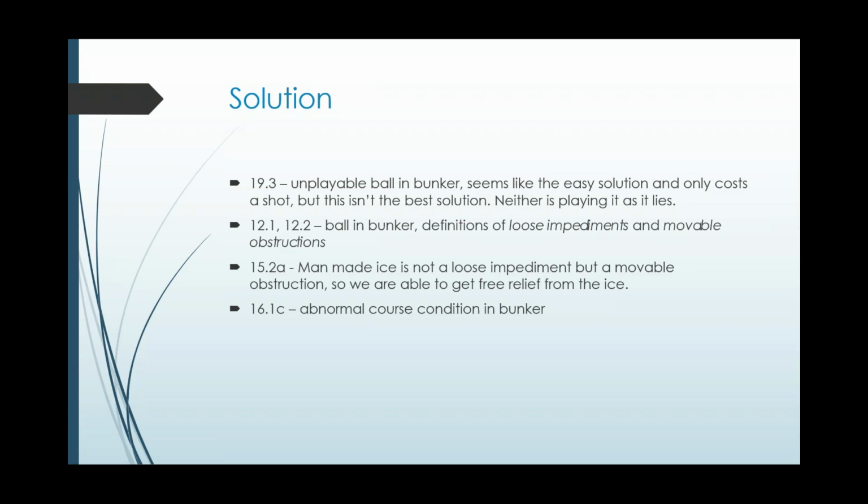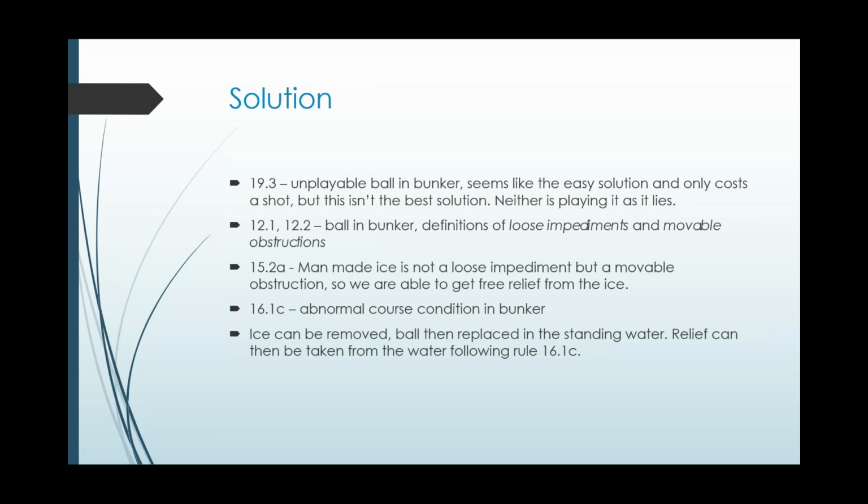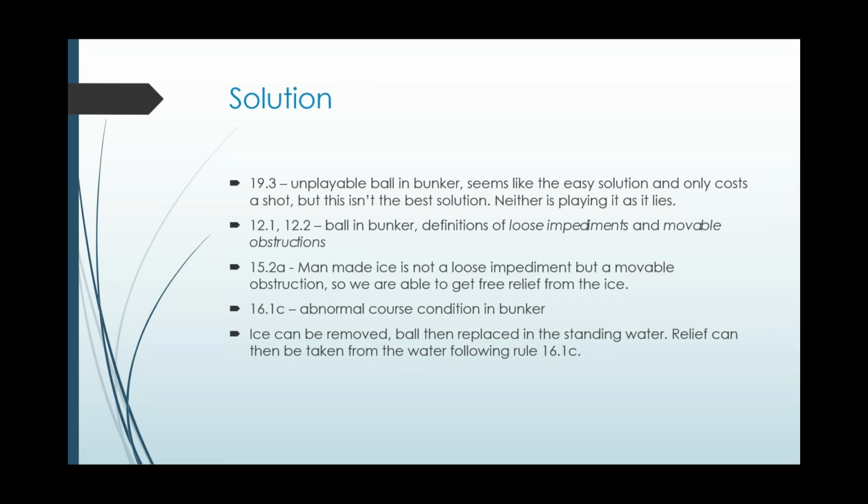So that brings us to rule 16.1c, where we have the abnormal course condition in the bunker, which would be describing standing water. So we know we can take the ball off the ice, which then we'd have to drop inside of the water, inside of the bunker, which we are then allowed to take further relief from. So following rule 16.1c, and if you have the rule book in front of you, you can see good graphics explaining how to then drop the ball inside the bunker.